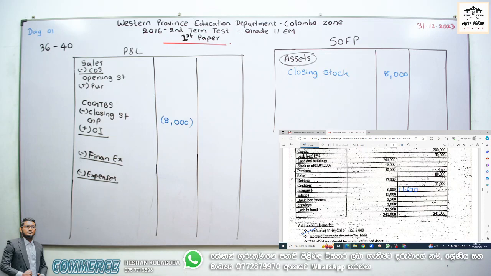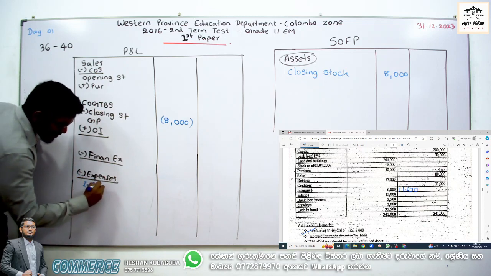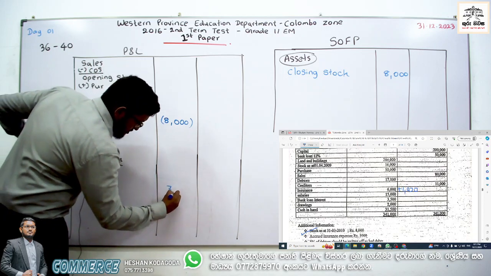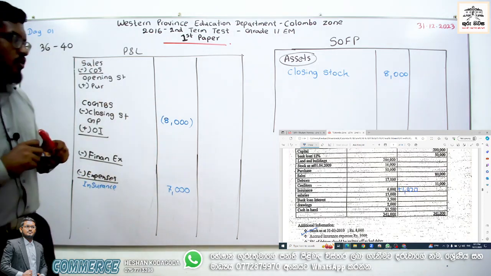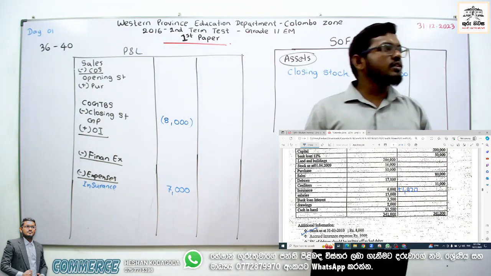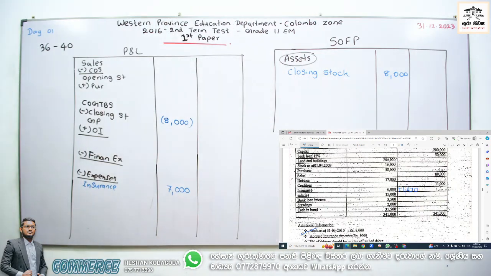Rupees 7,000. You can write like that 7,000 under expenses. Insurance rupees 7,000. And also make sure in here no need to calculate liabilities. Understand? Since we don't need to calculate liabilities, don't concern about it.